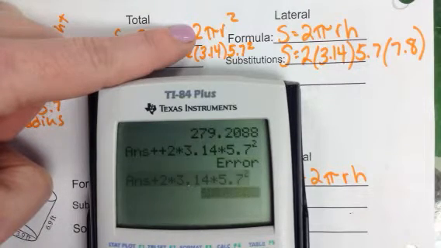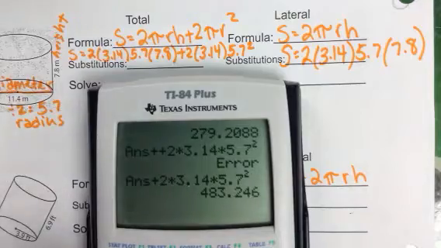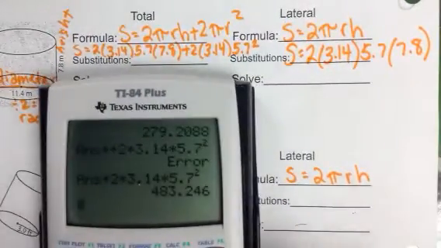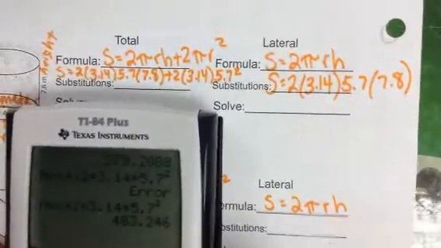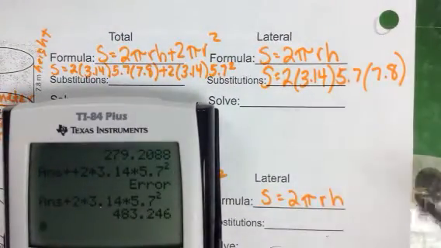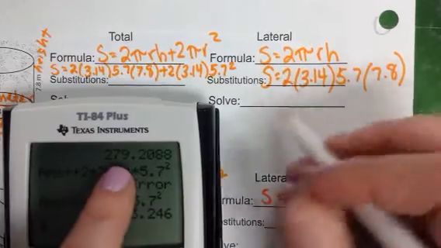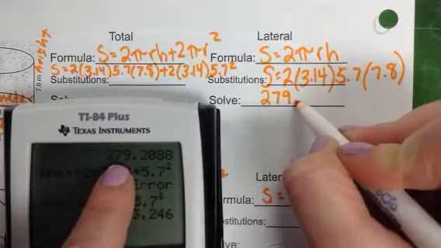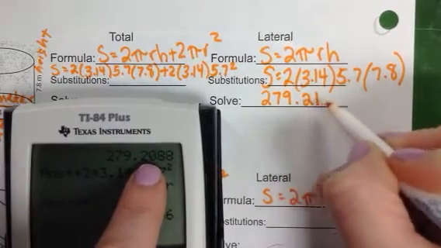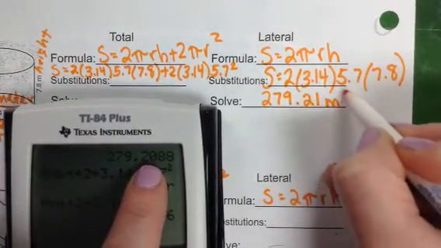Oh, it's right there. Okay, so we're going to round both of these answers to the hundredths place. So that means behind the decimal it goes tenths and then hundredths. Alright, so the lateral surface area is 279 and 21 hundredths meters squared.